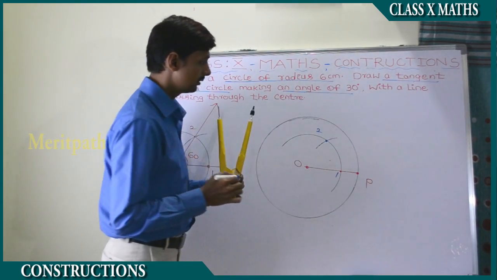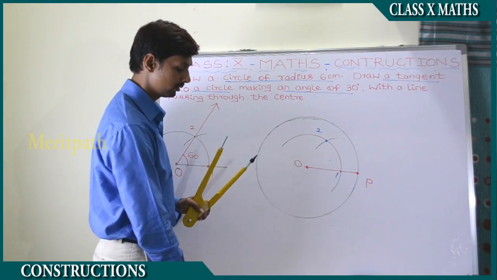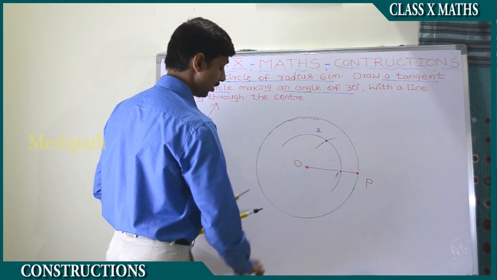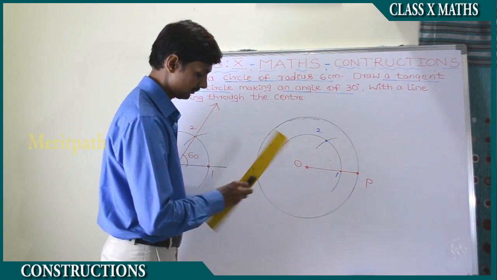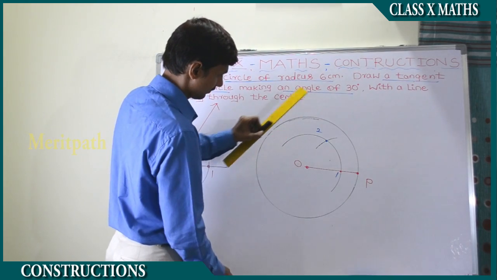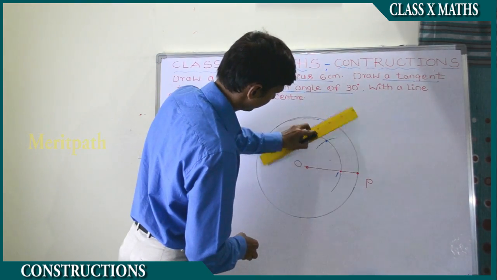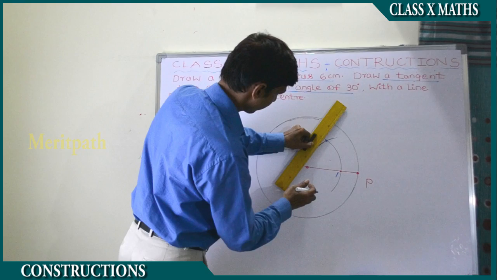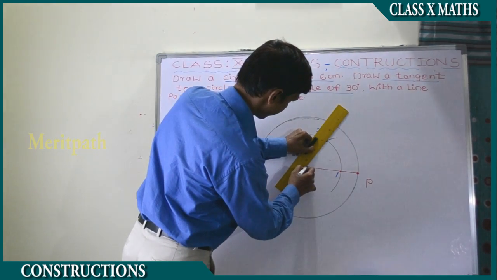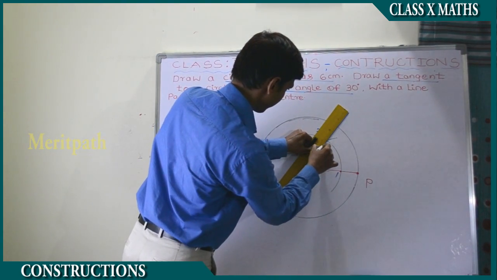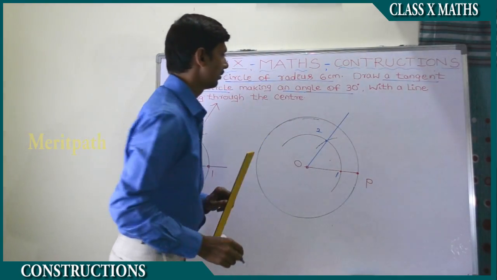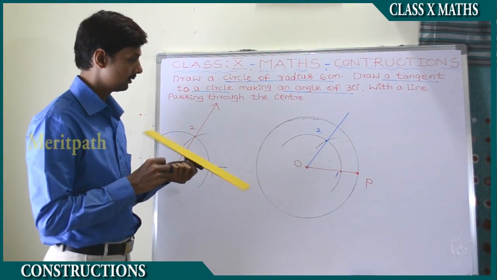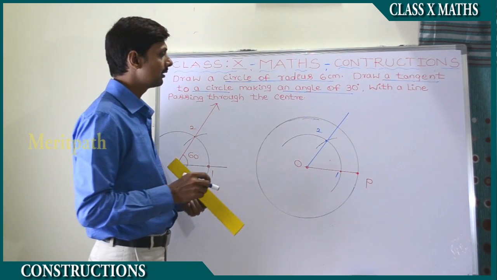Let us join point 2 and O using the ruler. We got a line segment here, and it's intersecting the circle.